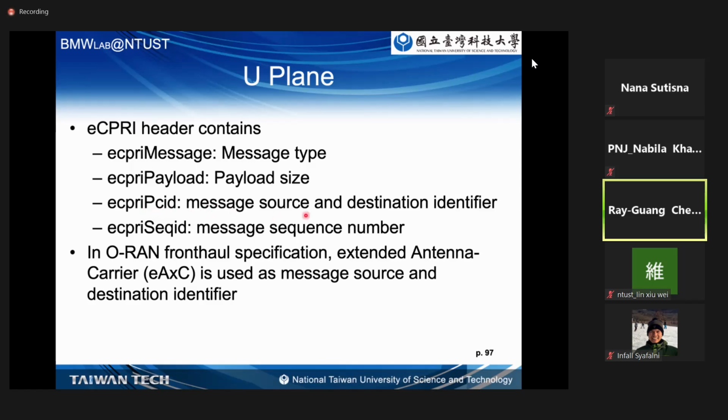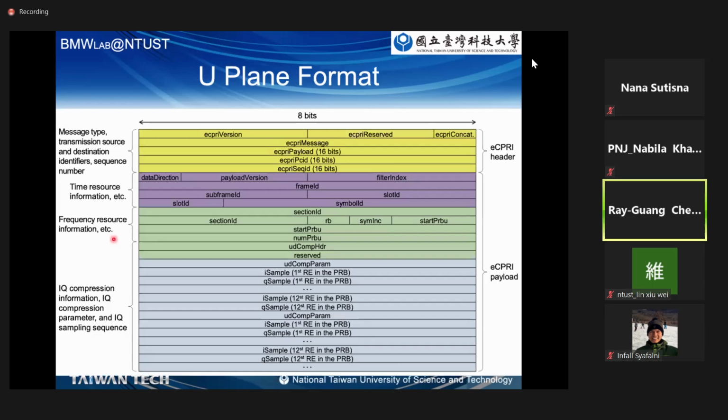It's the source and the destination ID. It's like IP address. You have source address and the destination address. You also have sequence number. Sequence number will define the order for the packet. So these 4 actually is the major information carried in eCPRI header here.